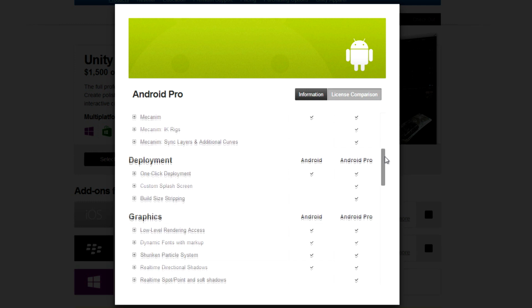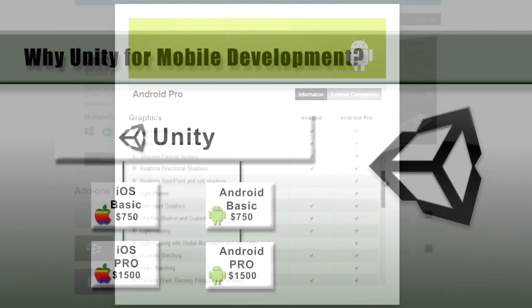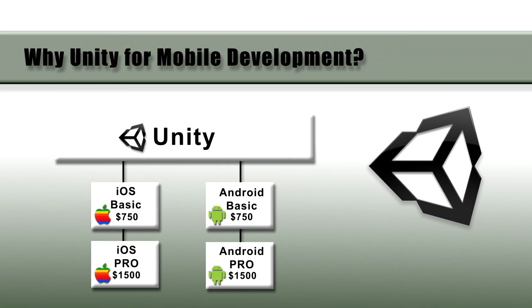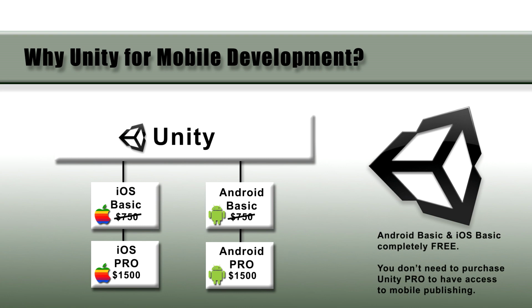In May 2013, however, Unity Technologies announced that the basic version of their Android and iOS add-ons would now be completely free of charge, not just for customers that have purchased Unity Pro, but for those using the free version of Unity also. This meant that for the first time, indie developers could create Android and iOS platformed games and publish them to the market spaces without spending a dime on development tools.